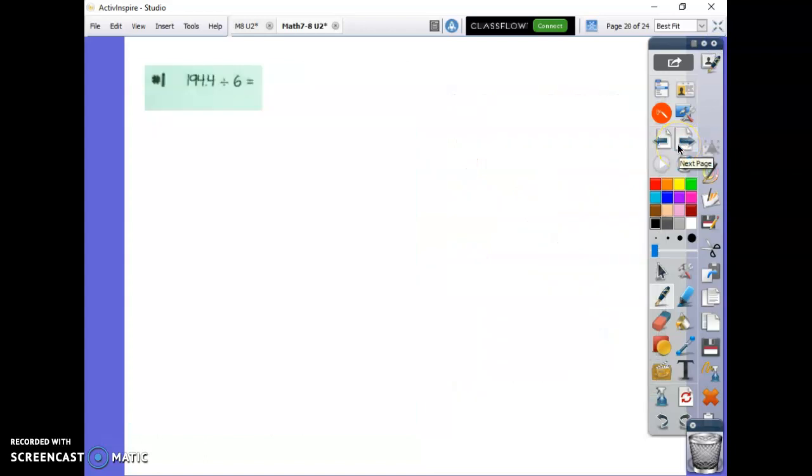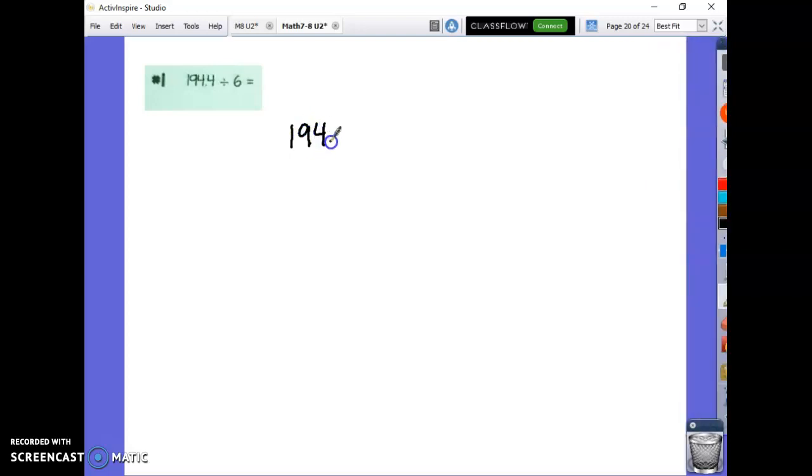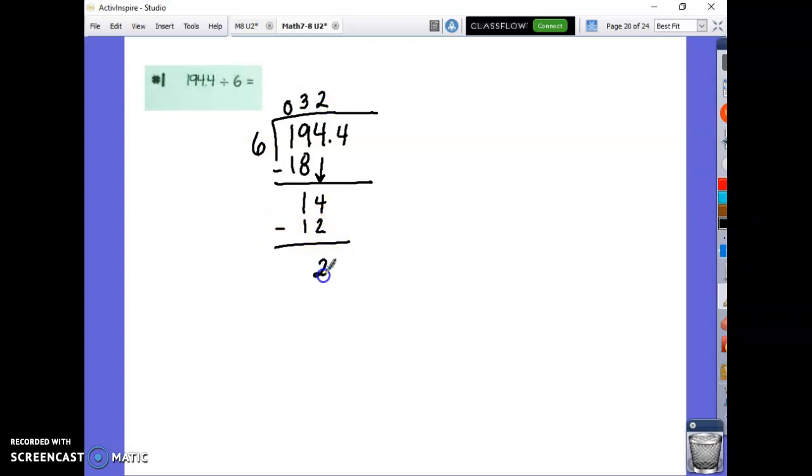Okay, so number 1 says 194.4 divided by 6. So how many times does 6 go into 1? Can't happen. 3 times 6 is 18. So we're going to subtract that, get 1, bring down that 4. 2 gives us 12. Subtract again, leaves us with 2, bring down that 4.